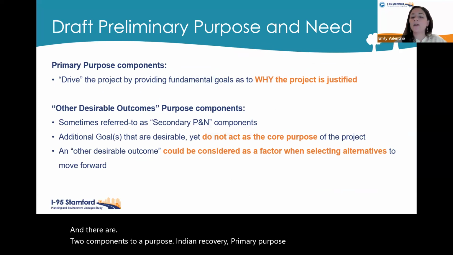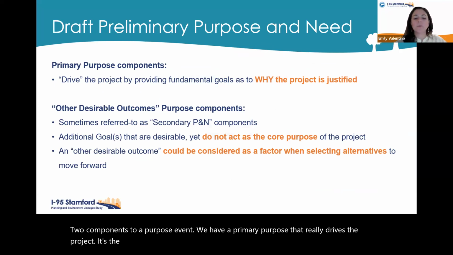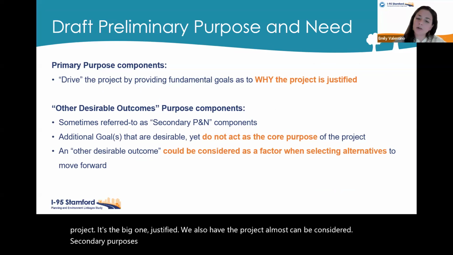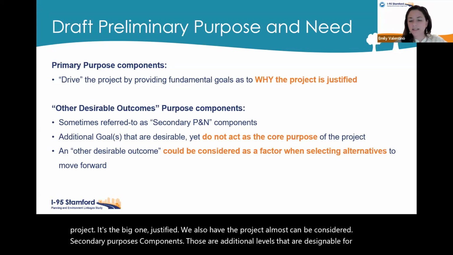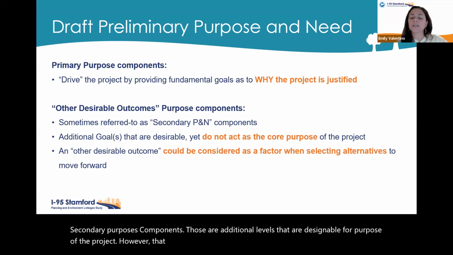It's the big why. Why is the project justified? We also have other desirable outcomes of the project, and those can be considered secondary purpose and need components. Those are additional goals that are desirable, but they aren't really the core purpose of the project. However, they could be considered as a factor when selecting different alternatives throughout the study.